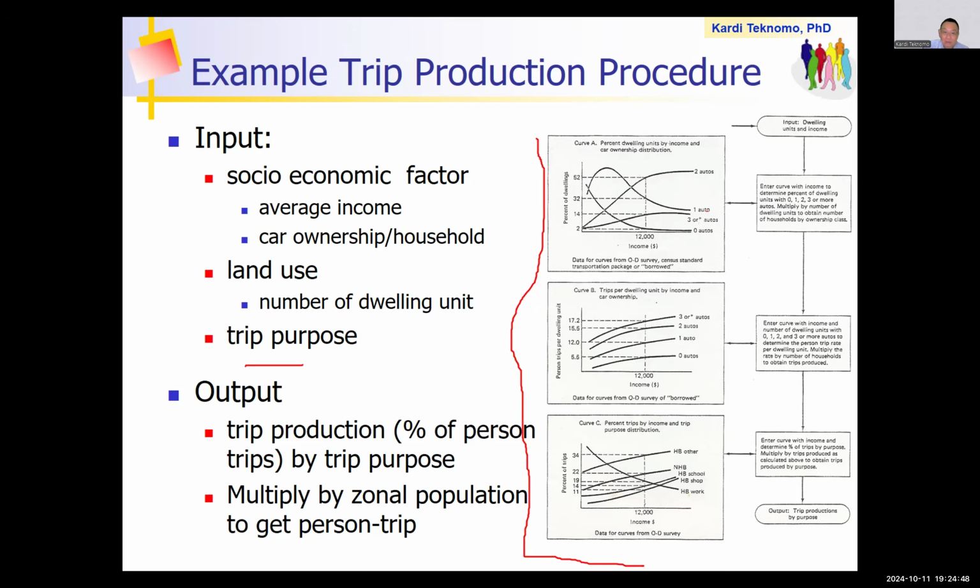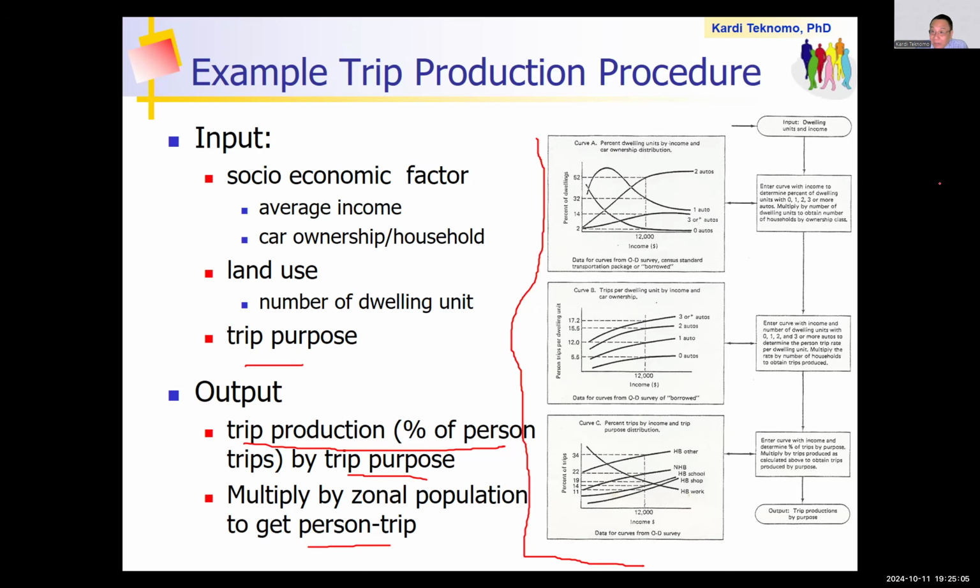Then you will get the percentage of the person trips by trip purpose, and then you multiply that percentage with the zone population to estimate the person trips.